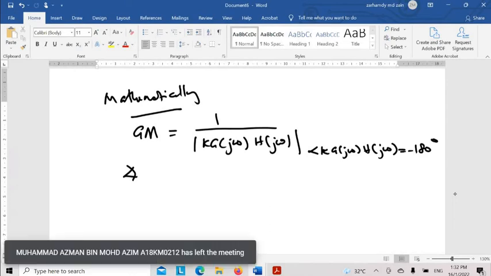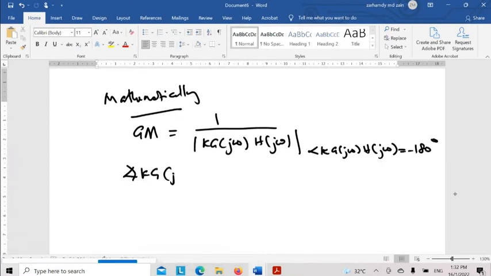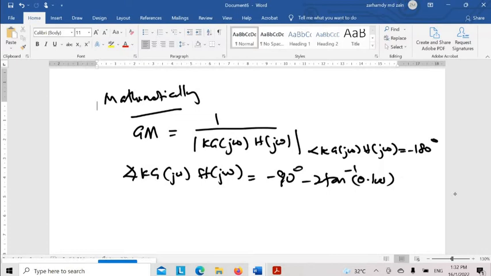Based on this criterion, the phase of KG(jω)H(jω) is, from our calculation just now, negative 90 degrees, and then two tangent inverse terms because of the twin poles of the system, negative tan inverse 0.1 omega, equal to negative 180.